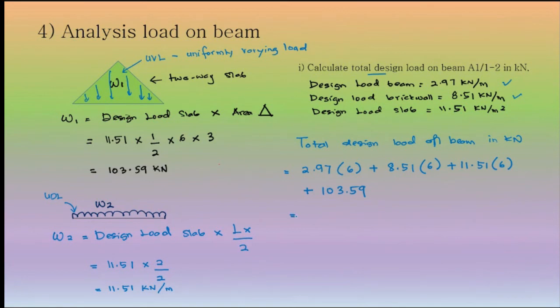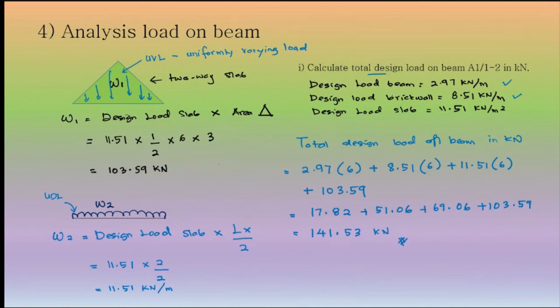So from this, we have 17.82. Calculate, guys. Plus 51.06 plus 69.06 plus 103.59. Okay. And the final result is 141.53 kilonewton.